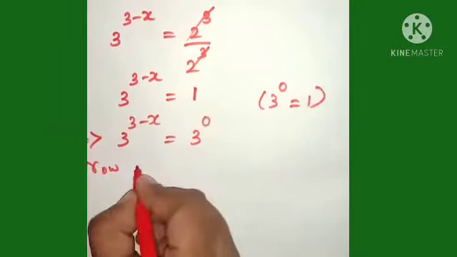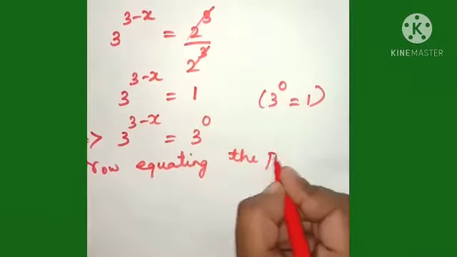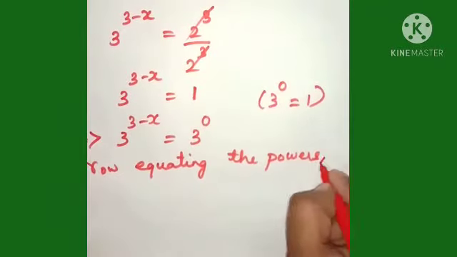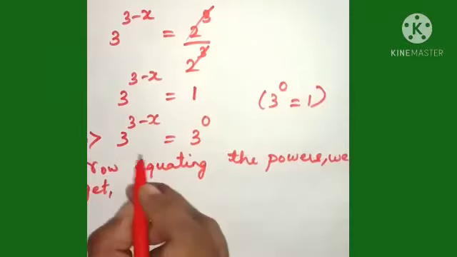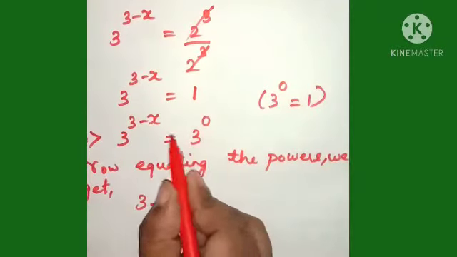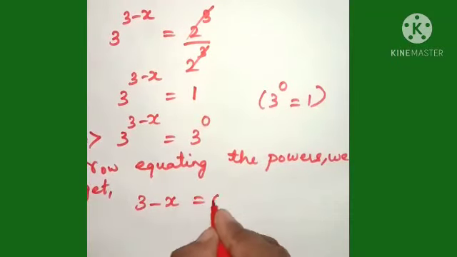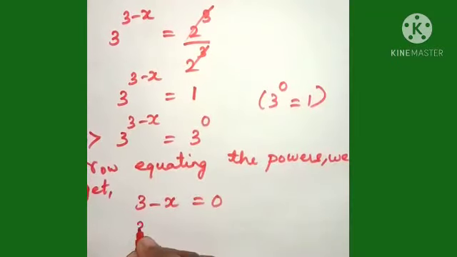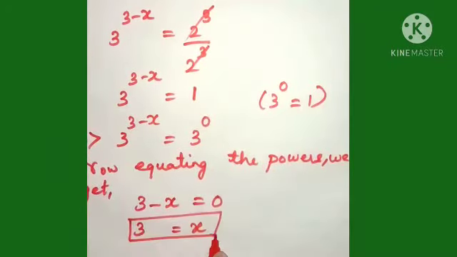Now, equating the powers, because the bases are the same, we can equate the powers. 3 minus x is equal to 0. Now keep x on the other side, it becomes plus x. So what is the value of x? The value of x will be 3.